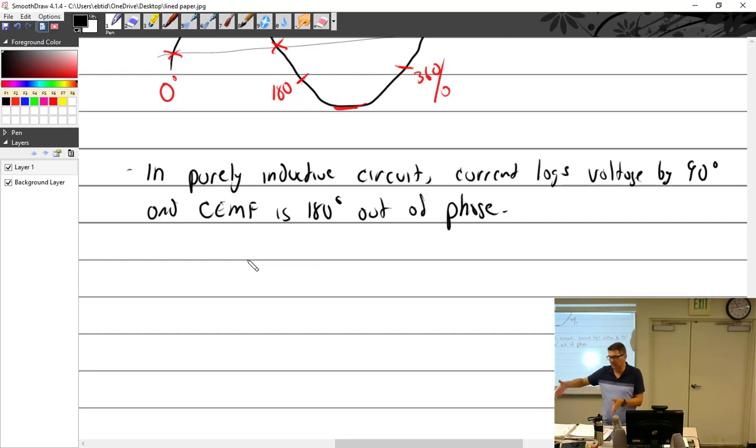And then when it does finally build up, it's going to go the other way, and as it goes the other way, this collapse is going to create a counter EMF in the coil, which then opposes the collapse, and so it's constantly opposing whatever it's supposed to be doing. If it's supposed to be building, it doesn't want to. It's like my kids. If it's supposed to be collapsing, it doesn't want to. Whatever it's supposed to do, it doesn't want to. It takes how long?